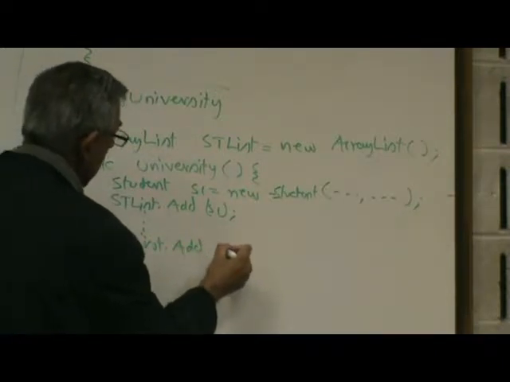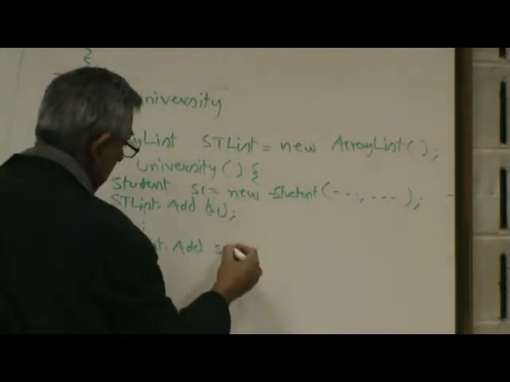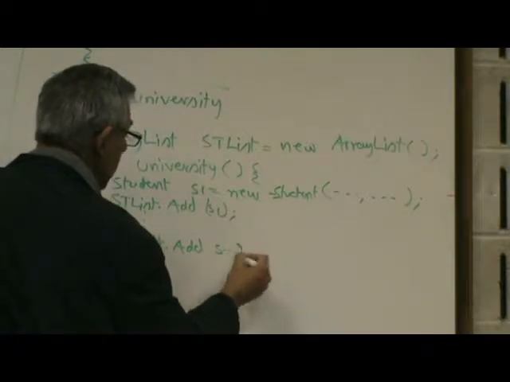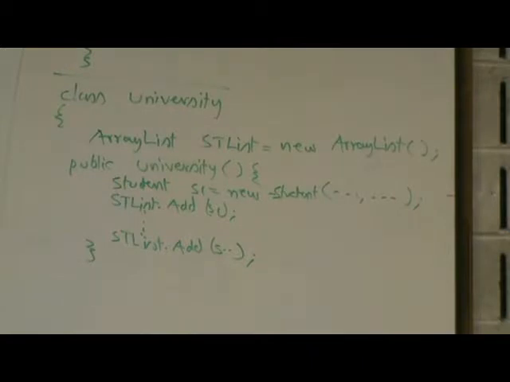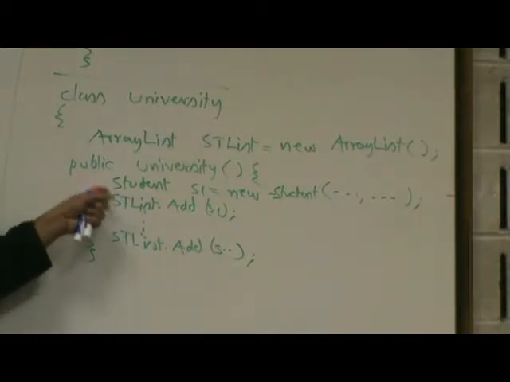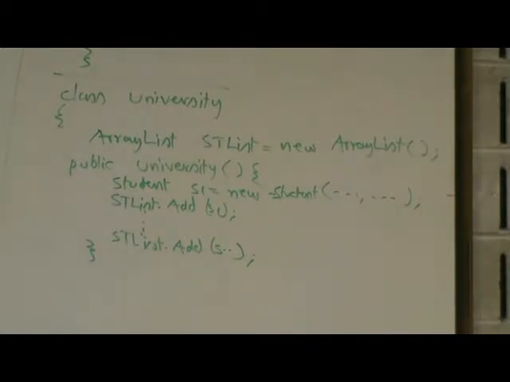So let's pretend we add 5, 10, 100, however many students to our st list, okay? In real life, we'll read it from the database and populate it with whatever data we find in the students table, right? Okay, so once we have already stored something in st list, same thing.